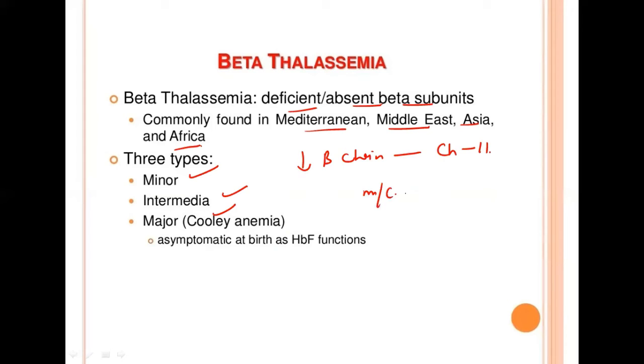So the most common is nonsense point mutation, right? Just remember this again. Now it is of three types.